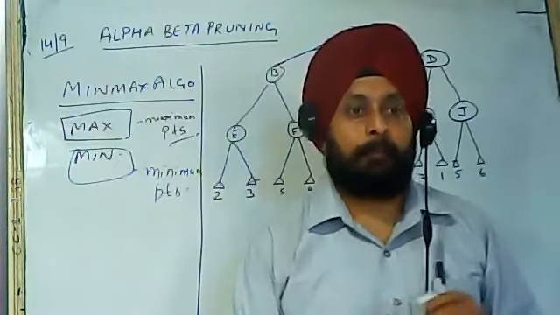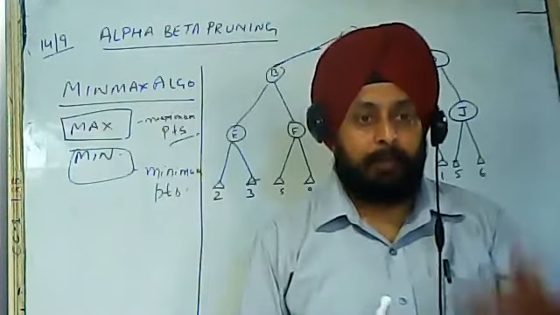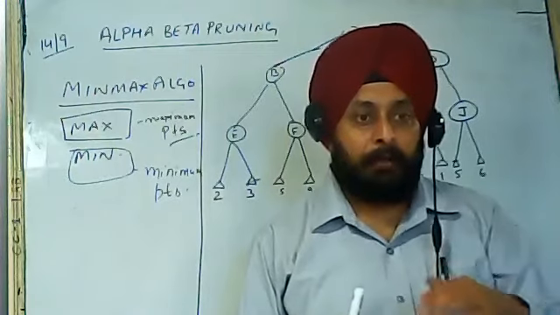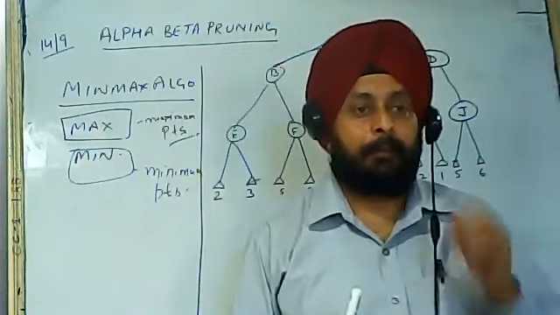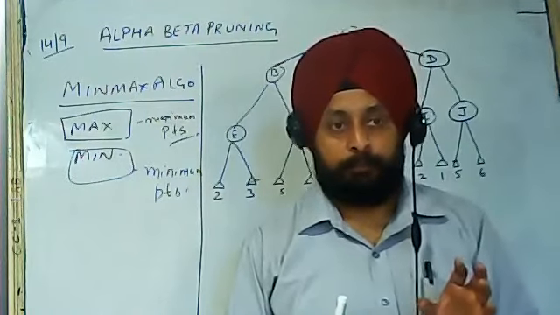It required the plausible move generator that generates the plausible moves. And then min and max, on their turn, select their moves. This was the min-max algorithm.